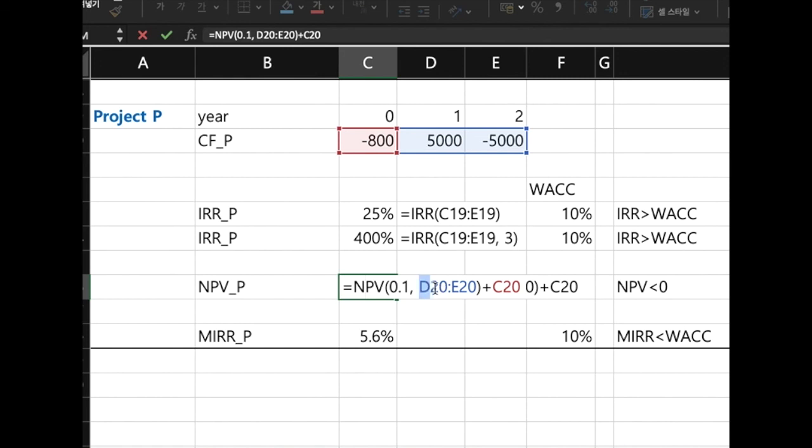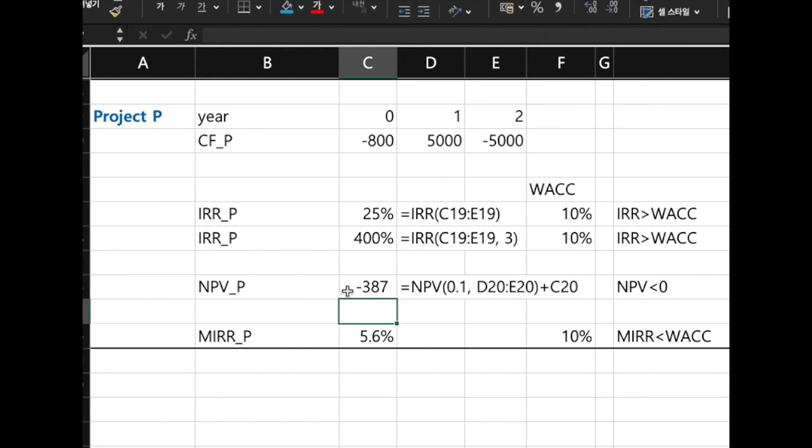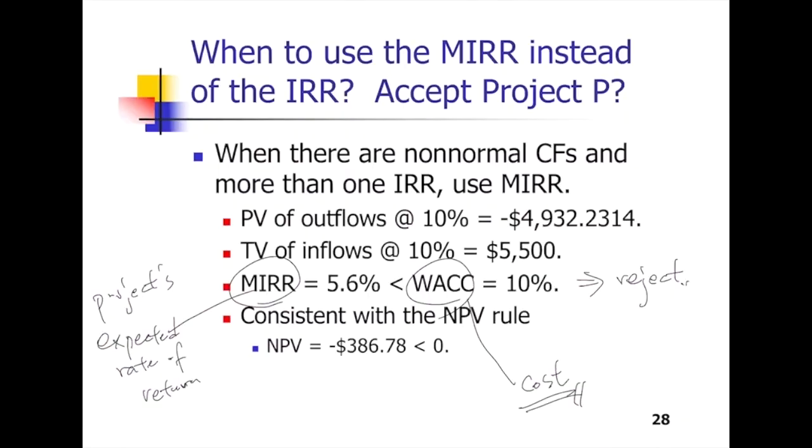So it starts with T1 to T2, and then you add T0. Then you get this negative number. In this case, we should reject this project, right? Because it has a negative number. So we should reject.